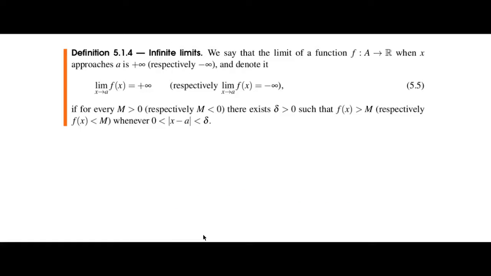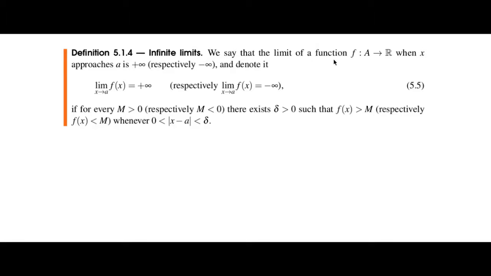Now, sometimes, as we saw with sequences when you're approaching infinity, the limit is not convergent. With functions, we have something like this. We approach a value A, and the function keeps increasing, and it doesn't converge to any finite value, okay?